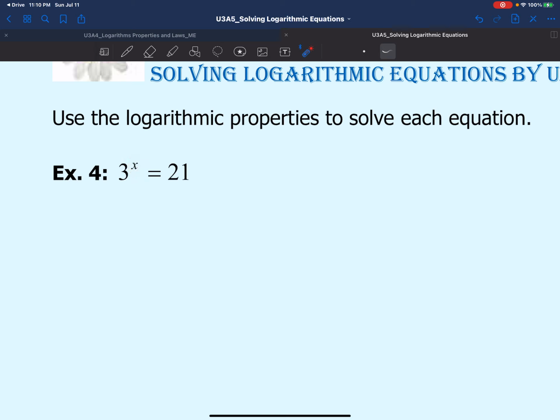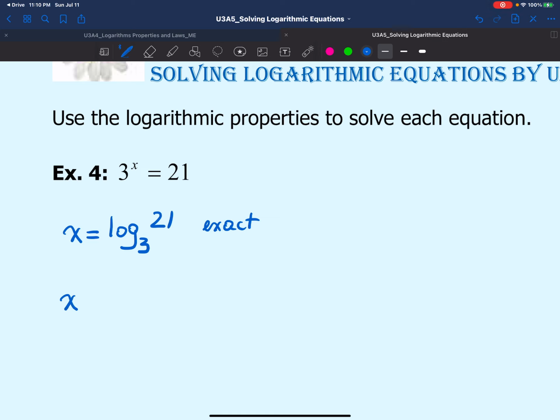One of the ways to access x here would be by converting this exponential statement into a logarithmic statement. And we'll say that x equals the exponent, or the log, we must raise the base 3 to obtain 21. And this would be the exact answer, and you can stop here.